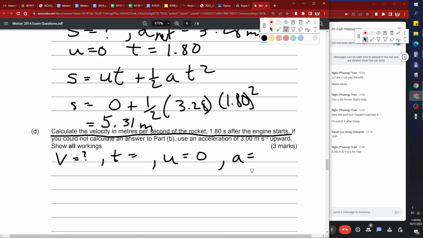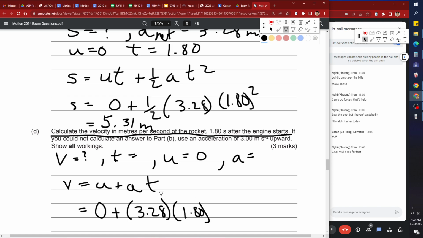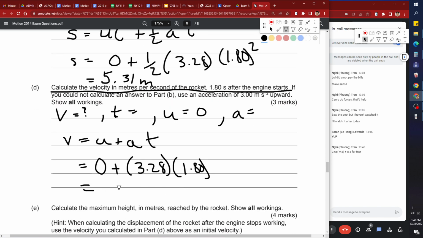So those are the variables we have now, and I'm looking at my formula sheet, and again, it tells me which formula has those variables. And it's those ones. And because I started with 0, basically it's just acceleration, which was 3.28, times the time. And this time just double check up here, no indices. So again, kind of an easy one for us to do, I think.